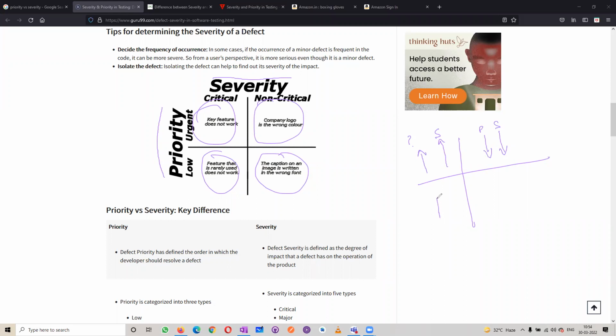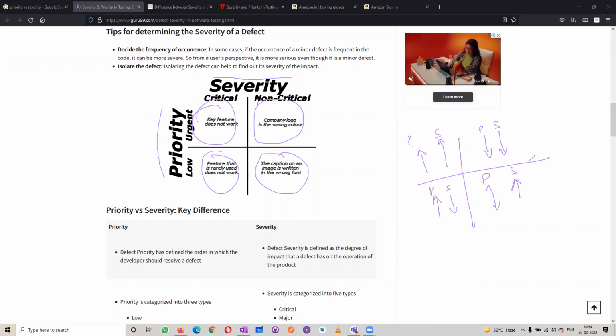I have high priority, low severity. And I have low priority and high severity. This is one of the important questions people will ask you in interviews: can you define how this works, with an example for each?